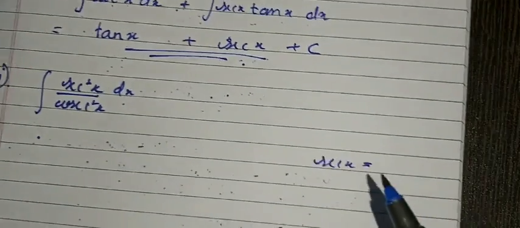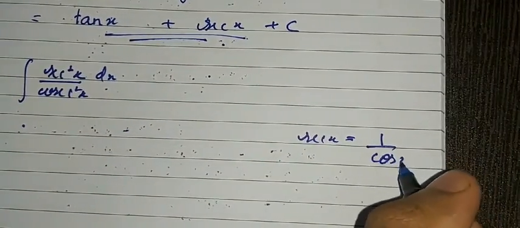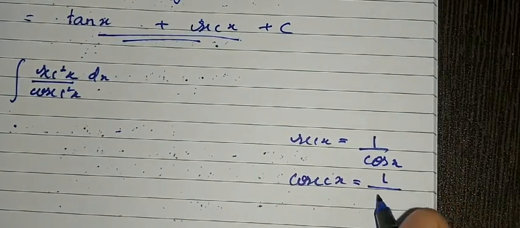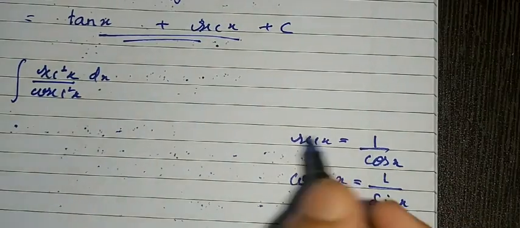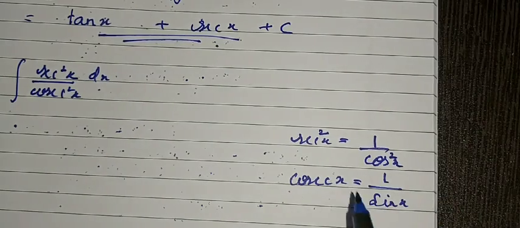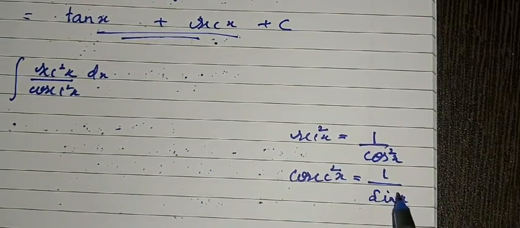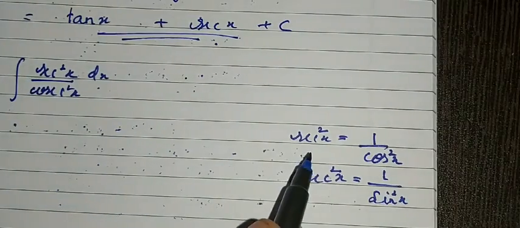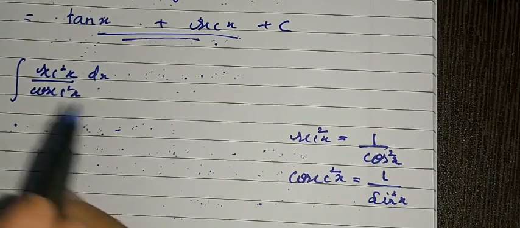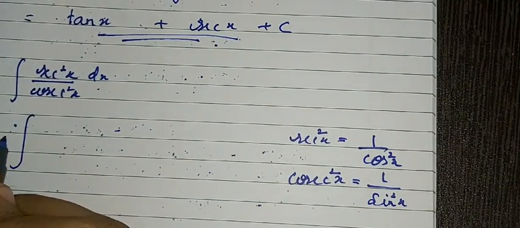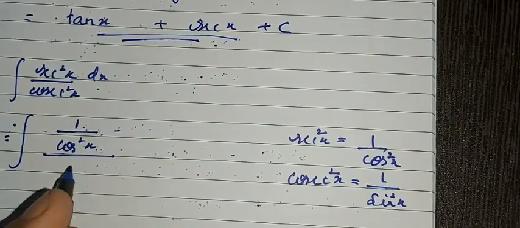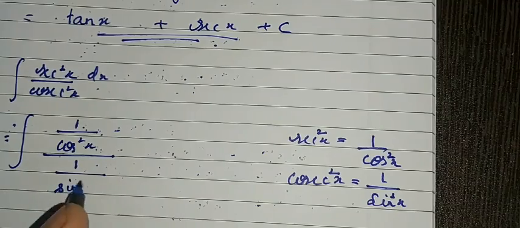Sec x is equal to 1 by cos x, and cosec x is equal to 1 by sin x. So if it is sec square, it will be 1 by cos square x. If it is cosec square x, it will be 1 by sin square x. So we put 1 by cos square x instead of sec square x, and 1 by sin square x instead of cosec square x.